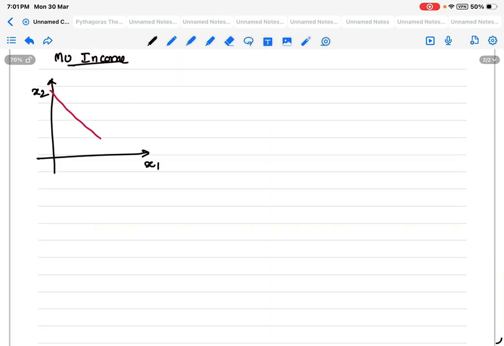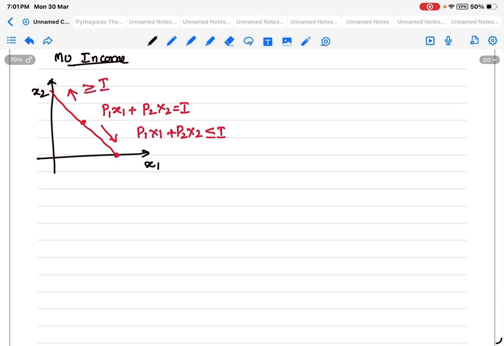So this is the budget line equation: P1x1 plus P2x2 equals income I. If we move in this direction, P1x1 plus P2x2 is less than or equal to income. If we move upward from this point, it is greater than or equal to income.